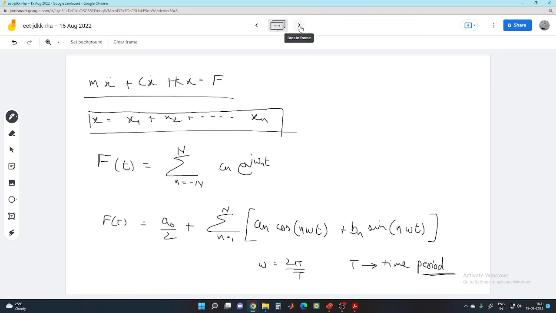So we'll move forward. Here we will directly use the results from the Fourier series expansion.